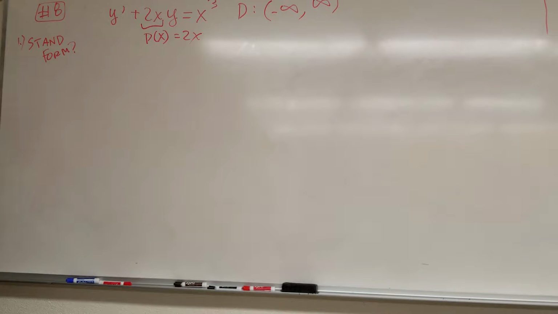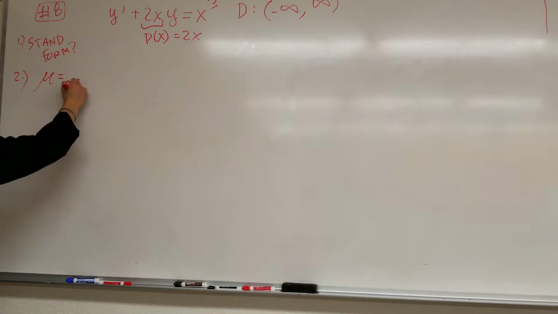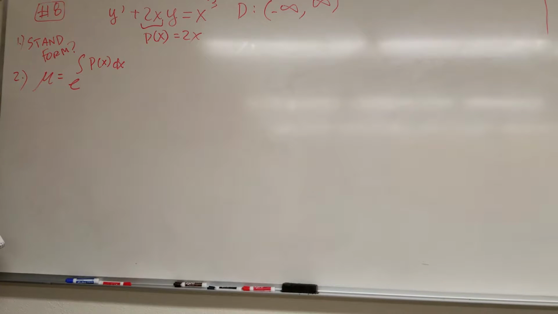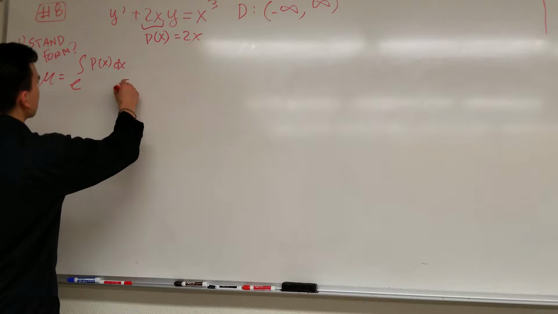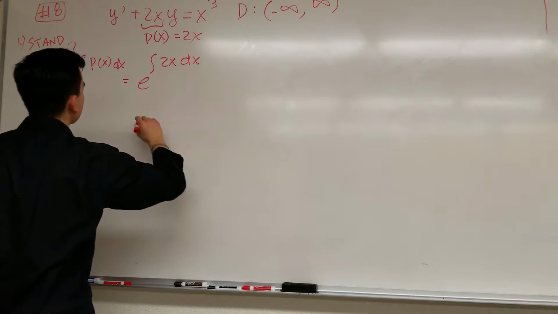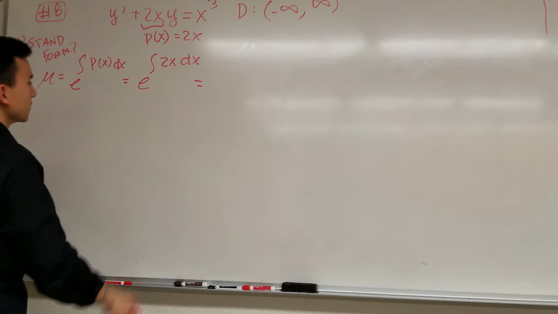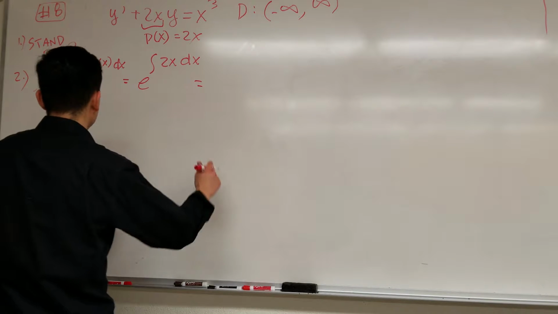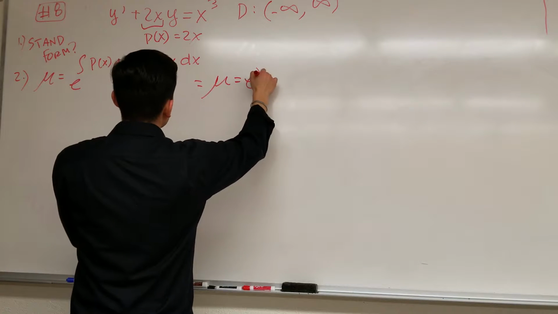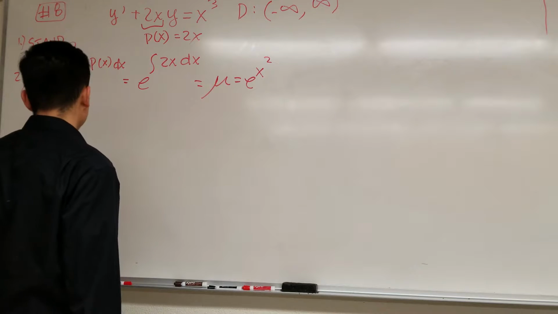Okay, second thing on our checklist is the integrating factor, which is equal to e to the power of the integral of p of x with respect to dx. Now we know our p of x, so that makes it a lot easier. Hopefully we know how to integrate. Let's test our skills. So mu is equal to e to the x to the power of 2.